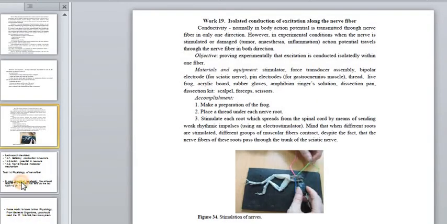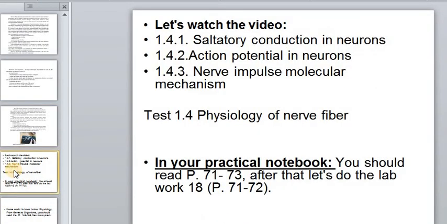So it is almost all the work for today, and in the next slide let's see your homework on our Moodle page. You should watch the video about saltatory conduction of signal in a nerve, action potential in a nerve, and nerve impulse, all molecular mechanisms.